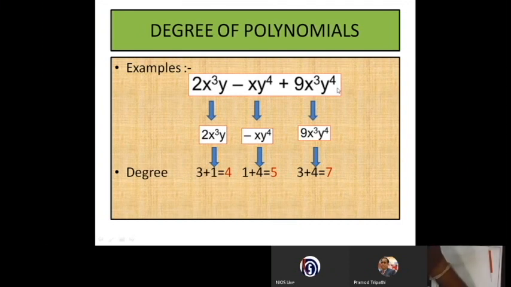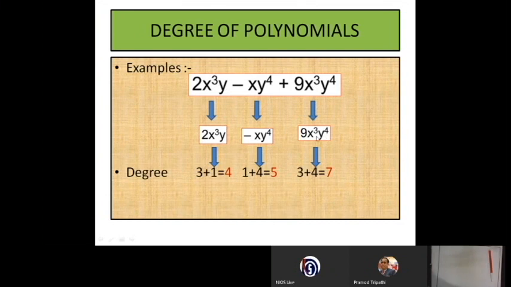How many terms are there? There are 3 terms, because the terms are separated by the sign plus or minus. When any algebraic expression is divided by plus or minus signs into several parts, each part is known as a term. The first term is 2x cube y, the second term is minus x y raised to the power 4, and the third term is 9x cube y raised to the power 4.